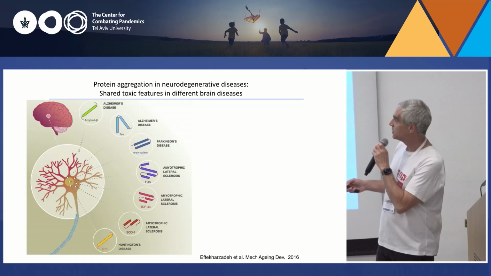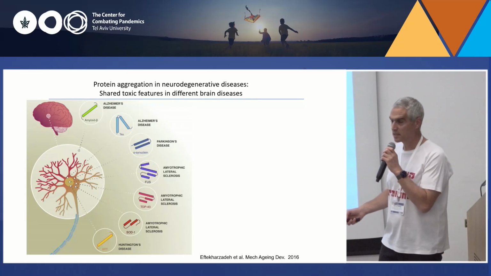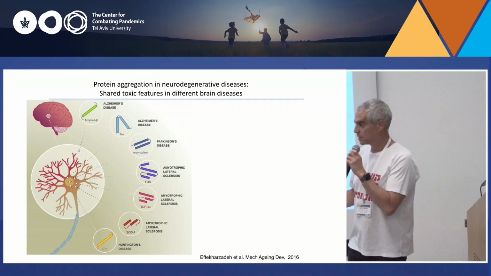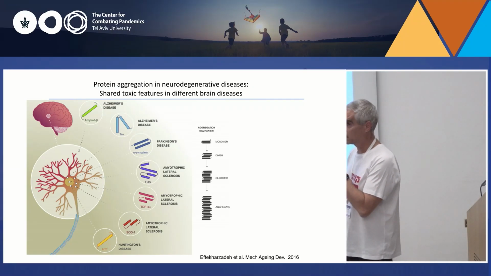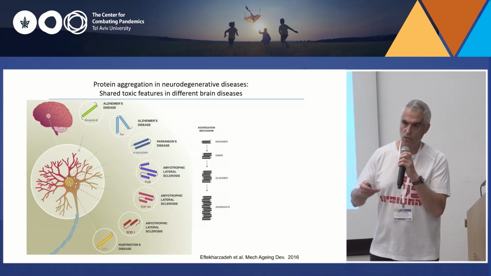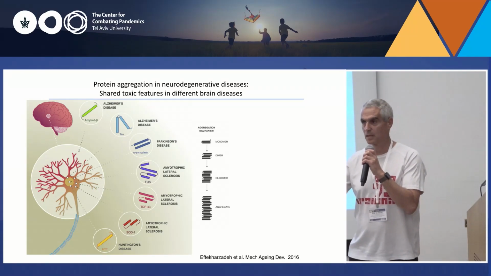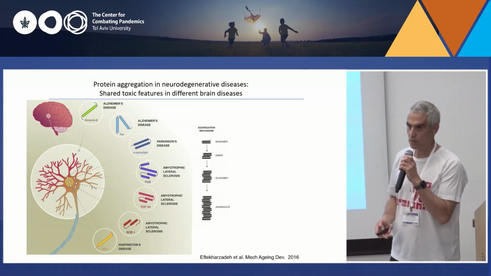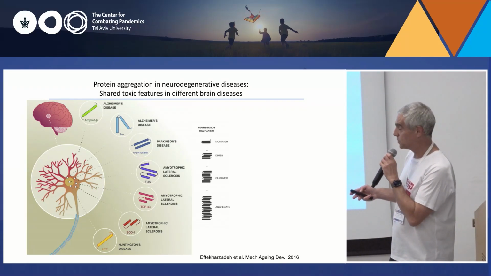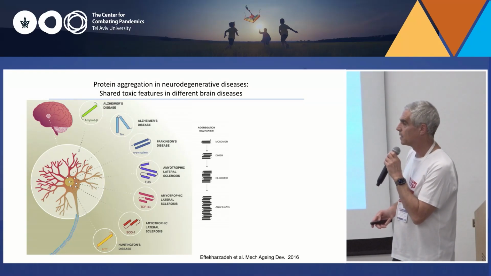In Parkinson's disease, we have alpha-synuclein. And as you can see in many other diseases, Huntington, we have huntingtin. In all these cases, we have a situation where protein starts to aggregate, to form aggregations, which are big. Sometimes they are kept in the cell, or sometimes they are secreted outside of the cells and cause plaques or even propagate through this process.